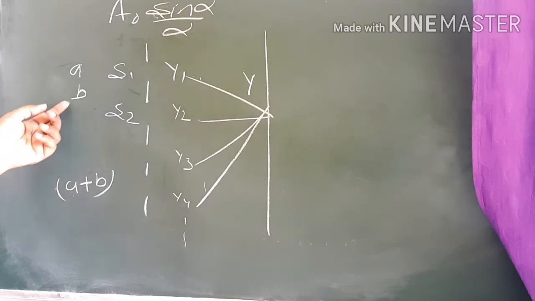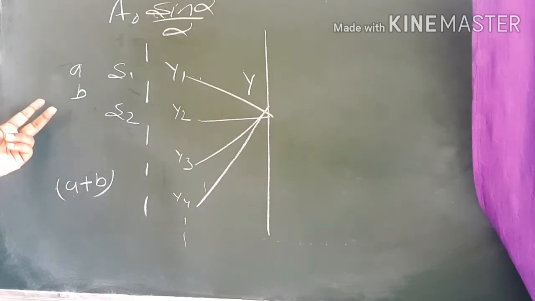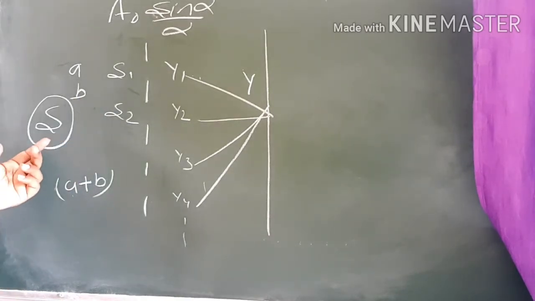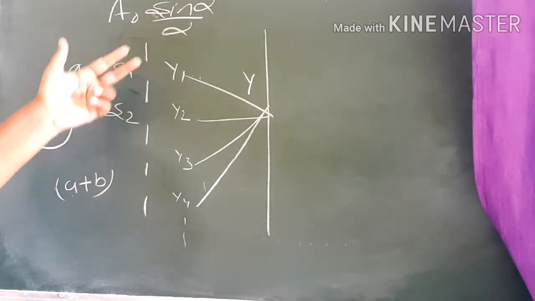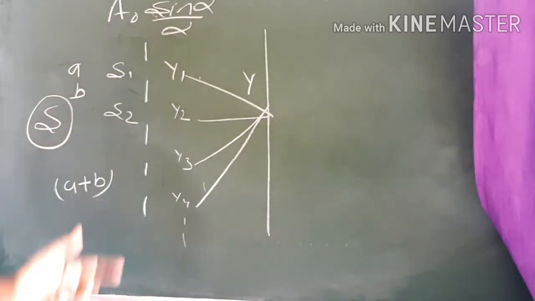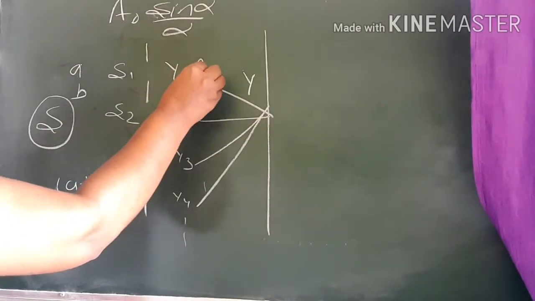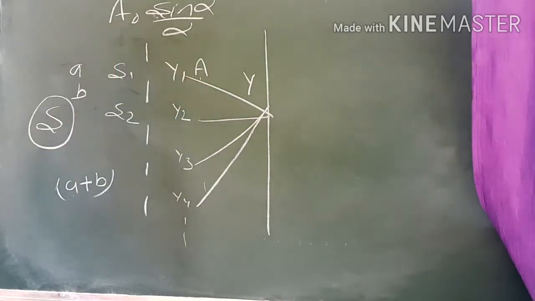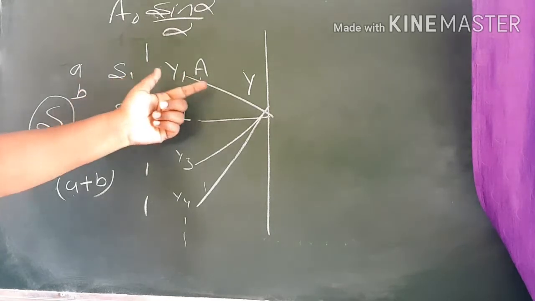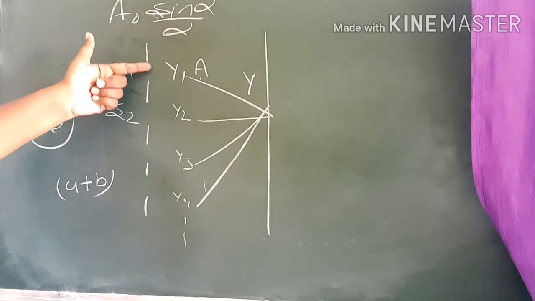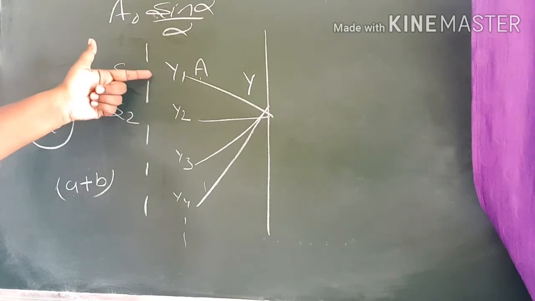Because the original source is the same single source, suppose S is the source of monochromatic light, all rays coming from all these slits have the same amplitude, suppose A. In the previous case we studied, A is the effective amplitude due to all the rays coming from a single slit.